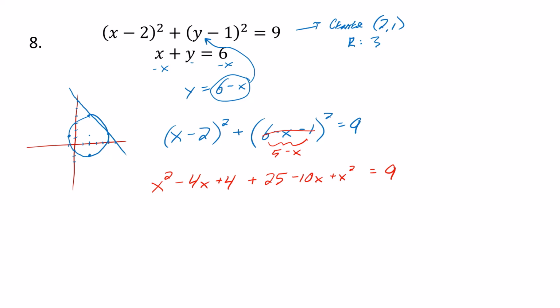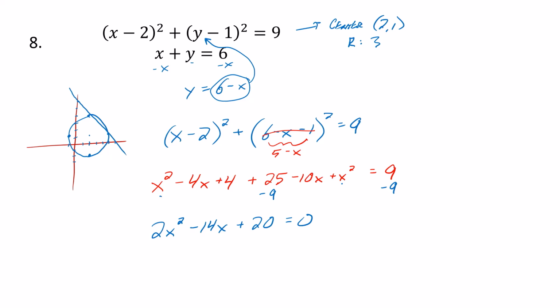It does appear that this is going to be quadratic, so I'm going to do a set equal to 0 step eventually. So I may as well point out I'm going to subtract 9 at some point and then combine. So I've got x squared and x squared for a total of 2x squared. Negative 4x and negative 10x, that's negative 14x. Then 4 and 25 is 29. Take away the 9 that I'm moving over, and that gives me a 20 at the end, and now it's set equal to 0.